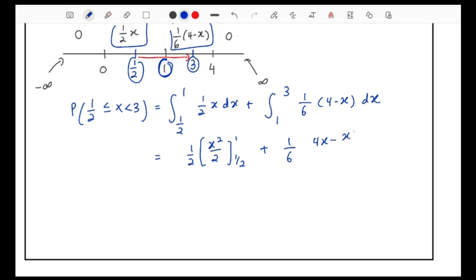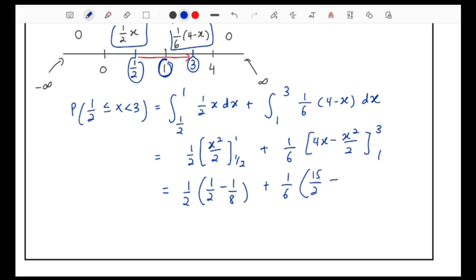For x squared over 2, and then substitute 3, 1. So half, when we substitute 1 into the x, we're going to get half. When we substitute half into the x, we're going to get 1 over 8. And then substitute 3 into the x, 15 over 2. And then substitute 1 into the x, 7 over 2. So the final answer is 41 over 48.